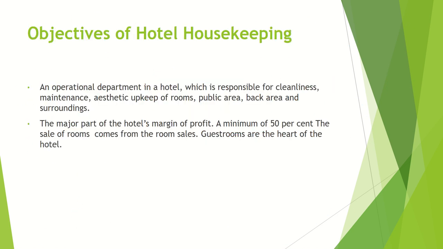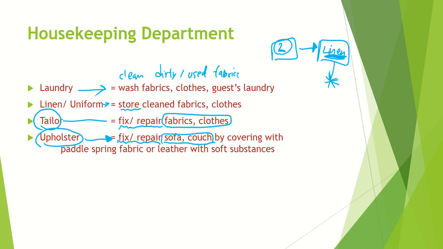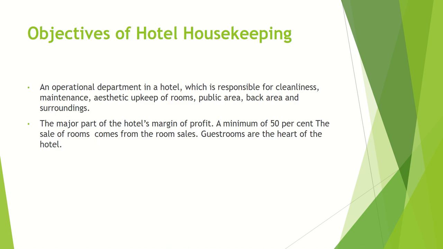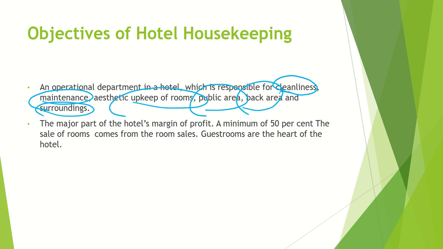Okay, that's about the hotel housekeeping department organization chart. And the objective, for sure, is cleanliness, maintenance, keeping up the room, public area, back area, and surroundings.